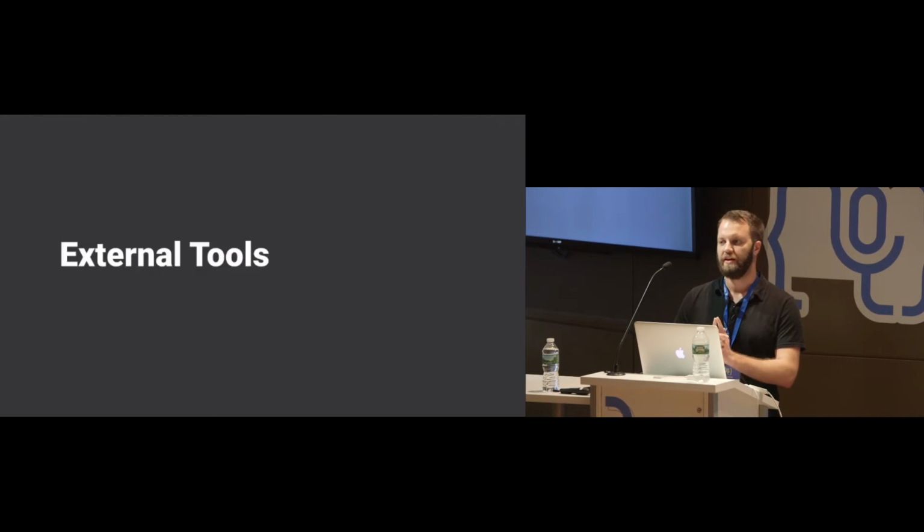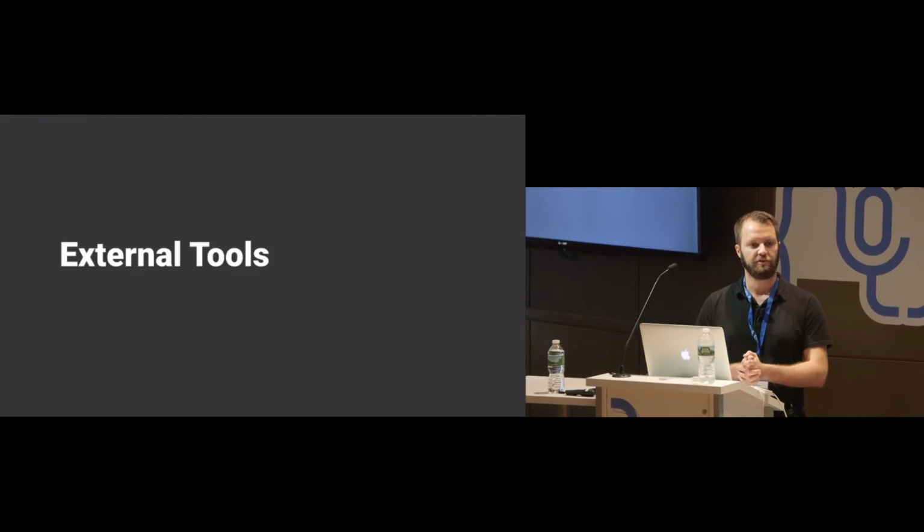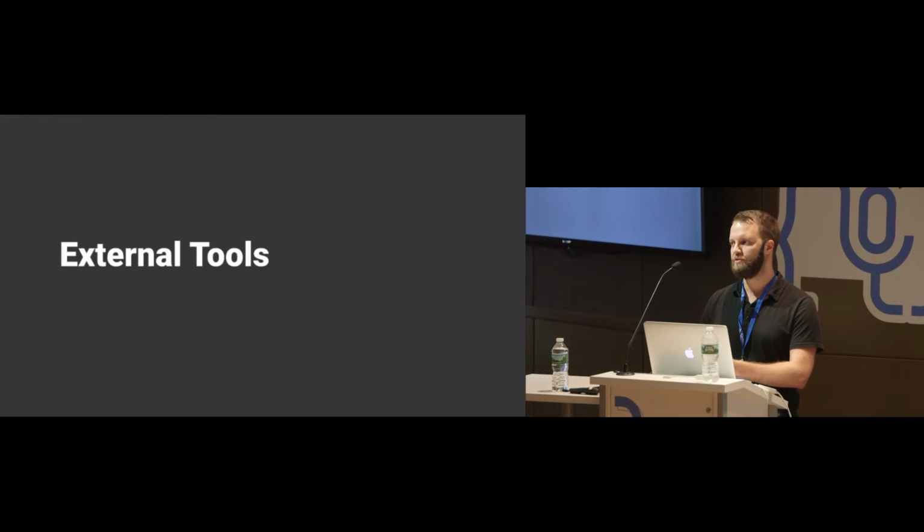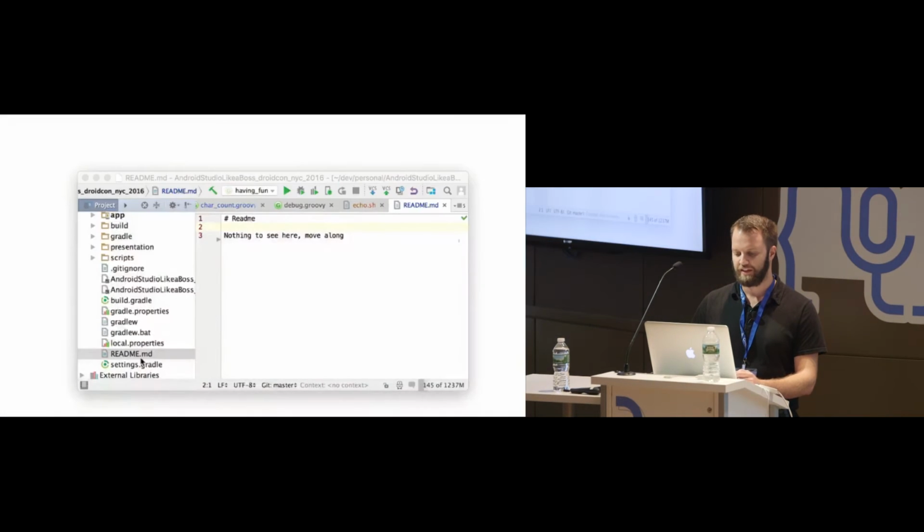All right. Second thing I'd like to talk about, external tools. What are external tools? Anything that you use that's not part of Android Studio or IntelliJ. So that could be like Photoshop, Pixelmator, Atom, a command line tool like ls, whatever it is that you want to use. And why would you want to use this?